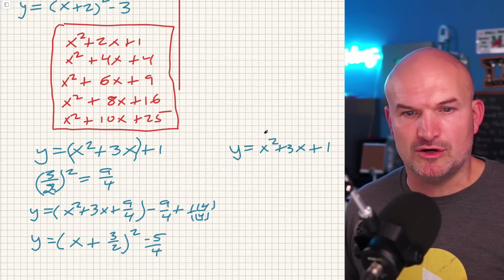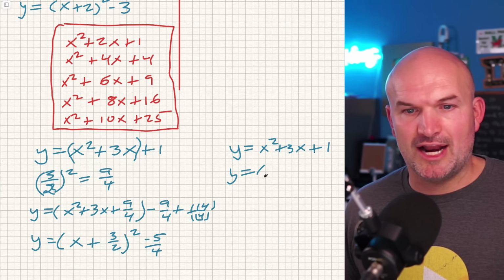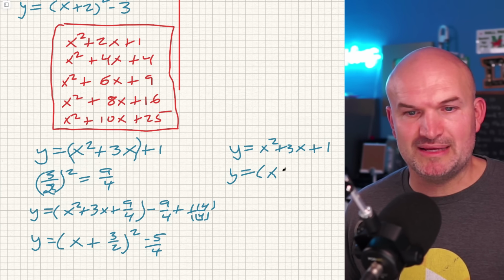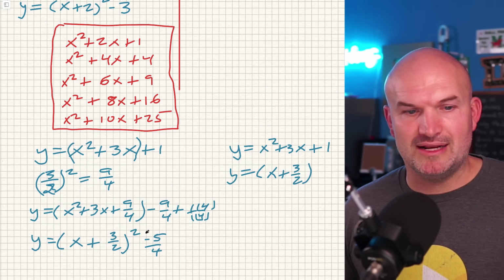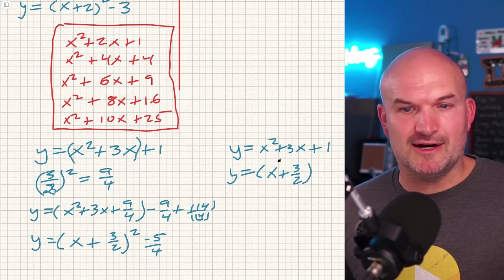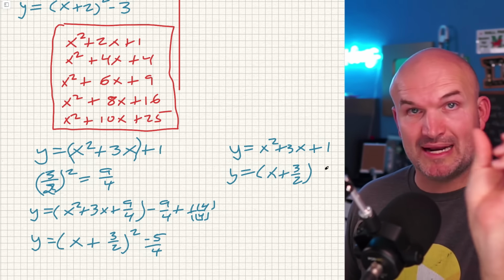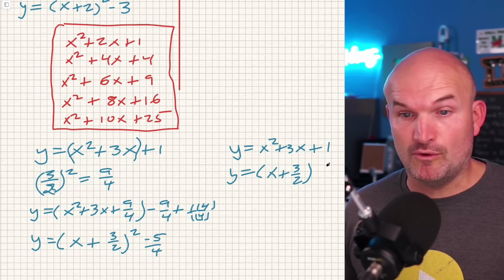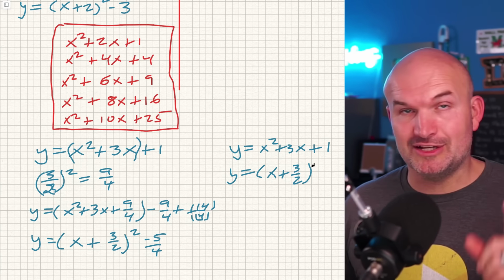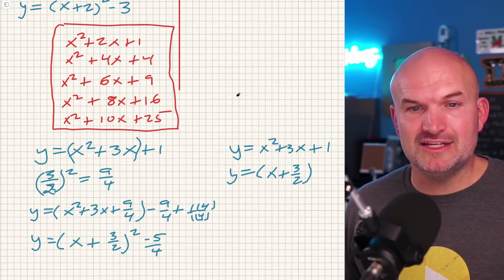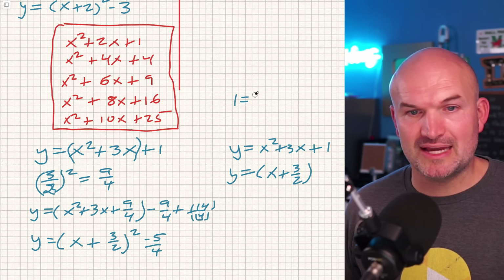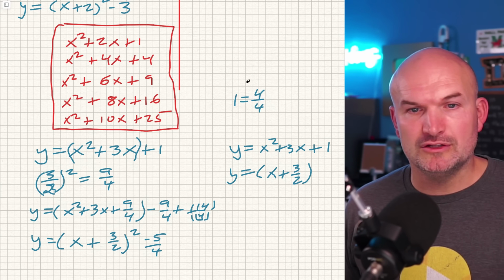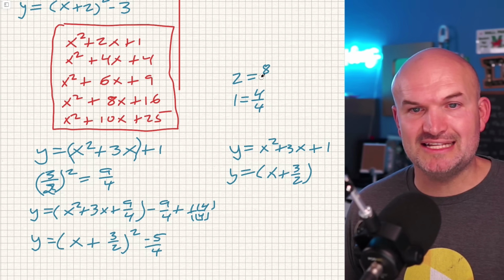So I know that automatically the factored form is just going to be x plus 3/2. Then to get the term that I'm going to subtract, I just square this, which I know is going to be 9/4. Then the other thing I can do in my head is 1 is the same thing as 4/4, and 2 is the same thing as 8/4.